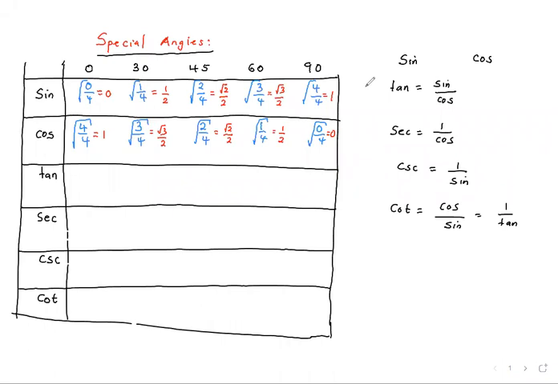What will be tan 30? It will be sine 30 over cos 30. Sine 30 is half. Cos 30 is root 3 over 2. This can be written as half multiplied by 2 over root 3. So you get 1 over root 3.